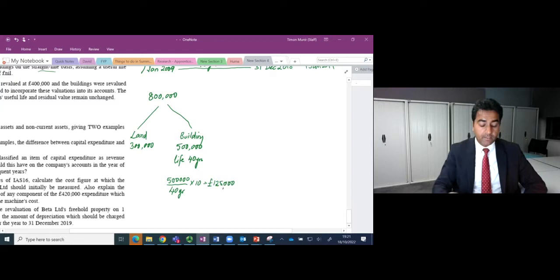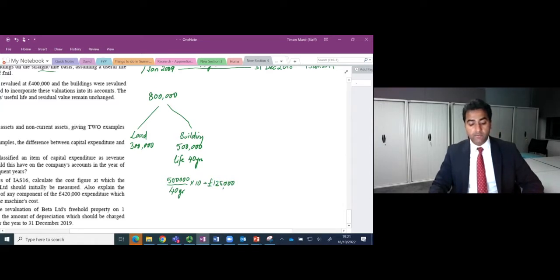That means the building value has been depreciated for 10 years. The life is 40 years, but we are calculating the first 10 years because after the first 10 years, in the 11th year, the value of the assets will increase, and then we will have to work out the new depreciation charge, and I'll show you in a second.